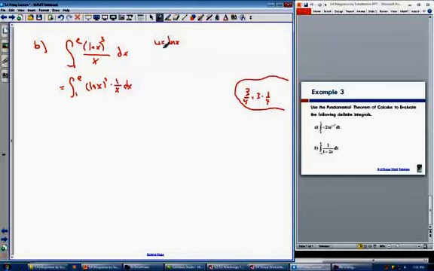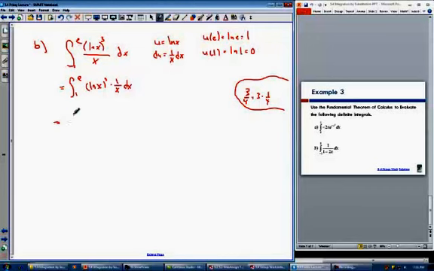And now if u is ln of x, of course du is equal to 1 over x dx. Don't forget to change your limits of integration. So u of e is equal to ln of e, which equals 1. And then u of 1, that's the lower limit, is equal to ln of 1, which equals 0.